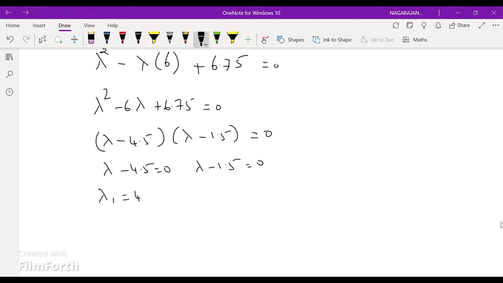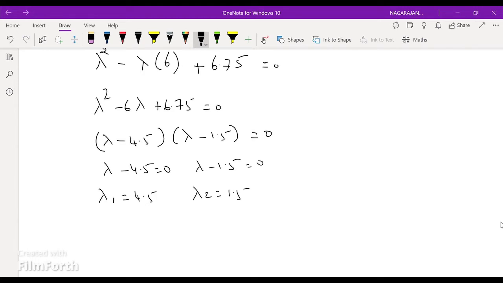So lambda 1 equal to 4.5, lambda 2 equal to 1.5. These are the eigenvalues of the given problem.